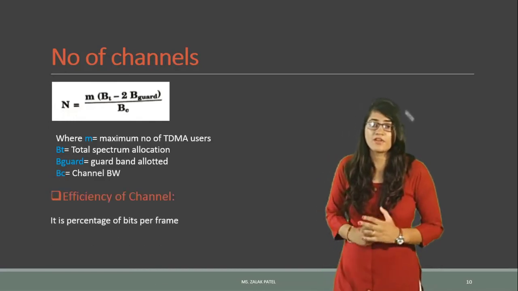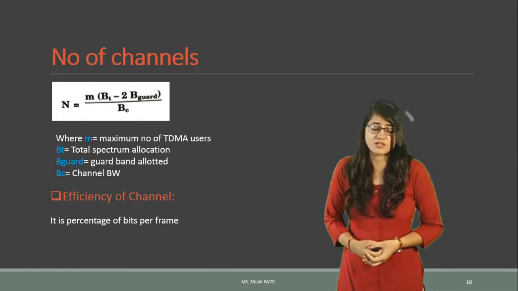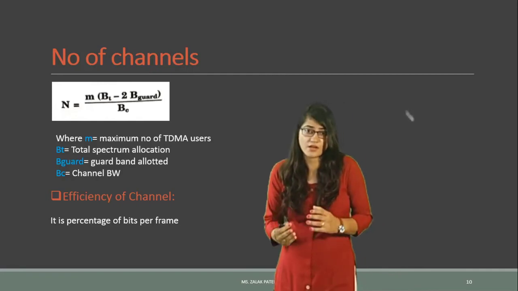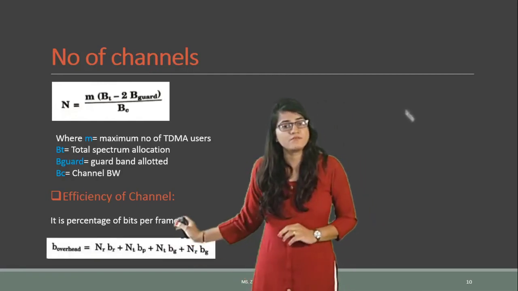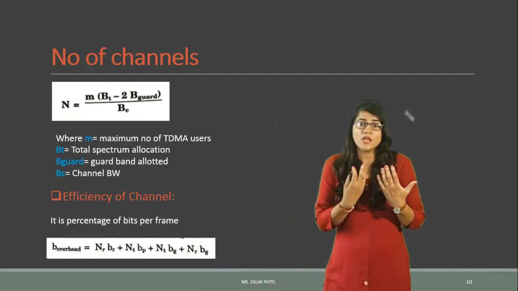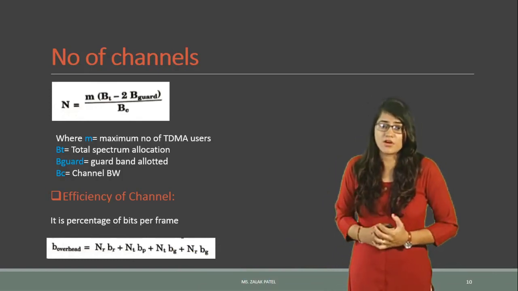Based on that, we can say that efficiency can be calculated if you know the number of channels. Efficiency is basically the percentage of bits that can be transmitted per frame. For that, you first have to calculate the bit overhead. Bit overhead is needed for the number of reference bits, the number of preambles, as well as the number of guard bands.